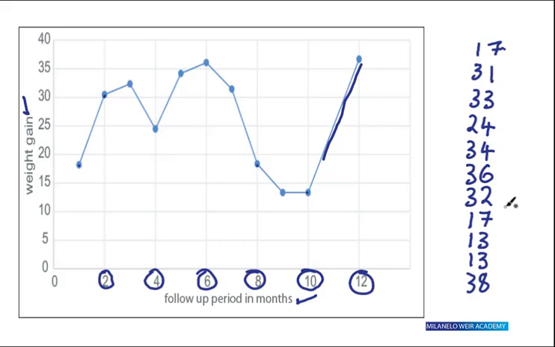And when the baby may be sick, they can easily tell from that graph that between these months, the baby was not gaining weight. So that's the purpose of a graph. It gives a visual representation, which makes it easy to understand what is going on.